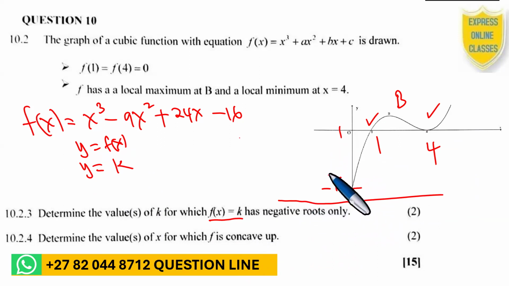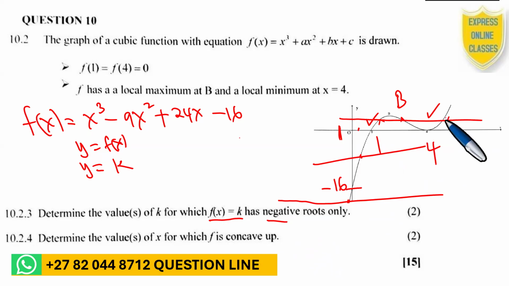If it cuts at the negative roots, wherever it intersects, then you have a negative x value. And that is going to happen when we draw this horizontal. Because if you draw the horizontal line here, it intersects, but you do not have a negative root because this x is positive. If it cuts here, then you have 1, 2, 3 roots, which are all positive. But here, then you have a root that is negative.